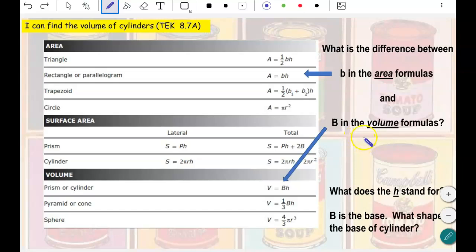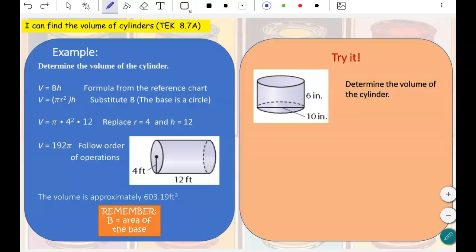B in this volume formula is the area of the base, and the H stands for the height, or how tall it is. The shape of the base of the cylinder is a circle, so we'll be using this part for the B. Find the area of the circle.